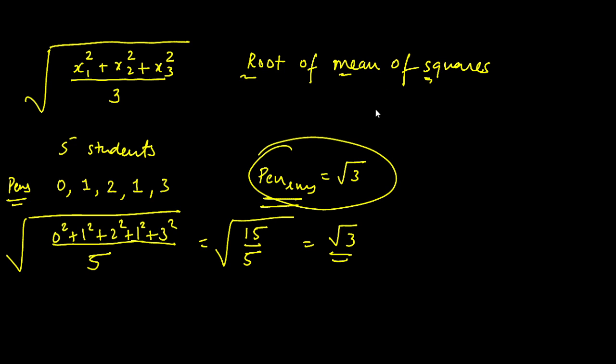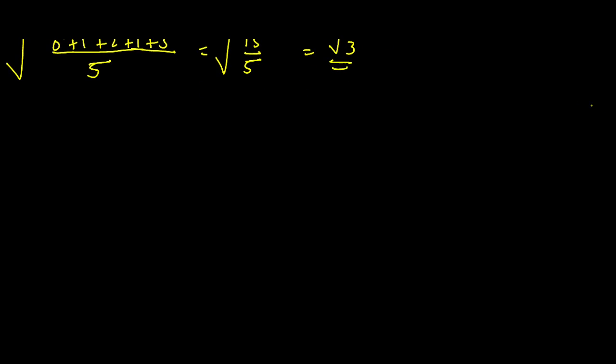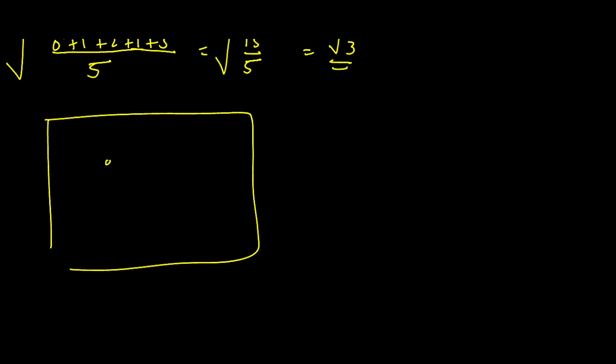This is the meaning of VRMS, or any kind of RMS. Now how do you make it VRMS? Suppose this is a container in which there are lots of tiny molecules going here and there with different speeds. Let's say this one has v1 speed. I repeat, speed, not velocity.